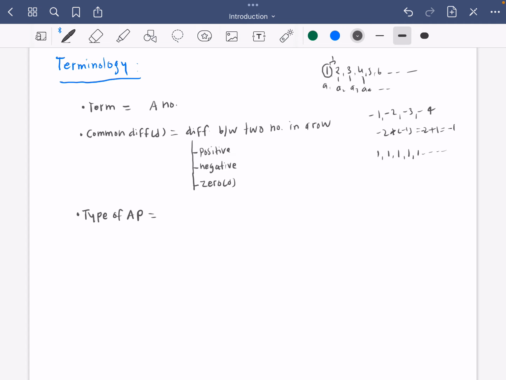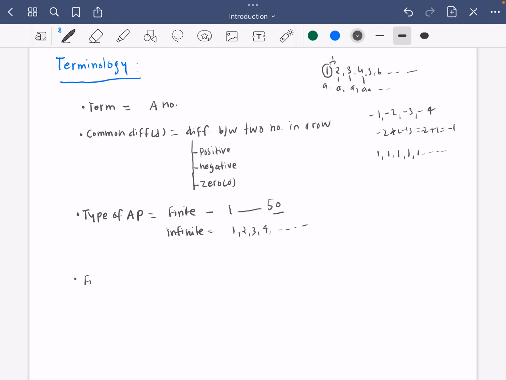An AP can be a finite AP, for example numbers 1 to 50 is going to be a finite AP, and an infinite AP, for example 1, 2, 3, 4, and so on. It keeps going forever.